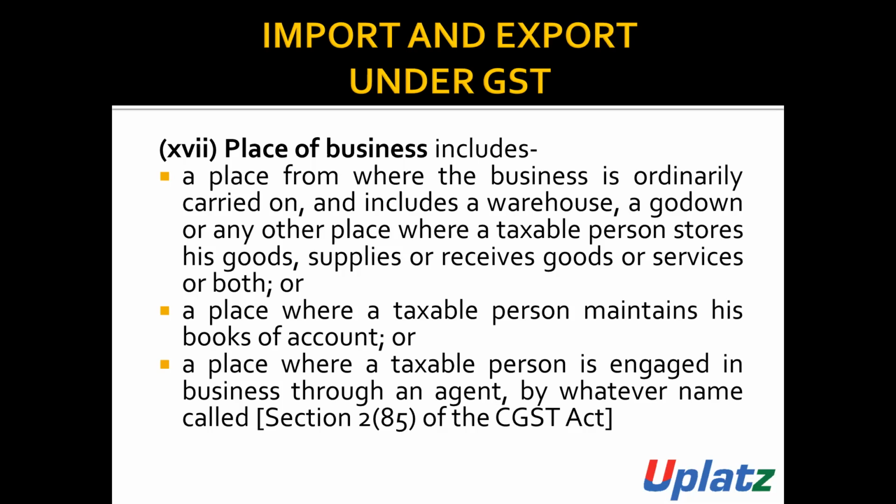And it also includes a place where the taxable person is engaged in business through his agent, meaning from where the agent is supplying goods, services, or both on behalf of the principal. Such a place will also be considered as place of business as per section 2 subsection 85 of the CGST Act.